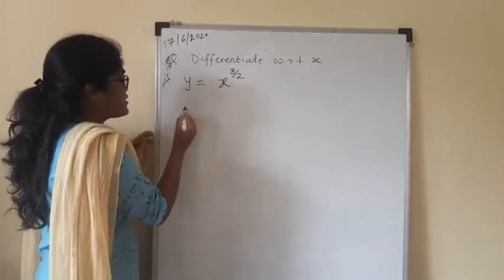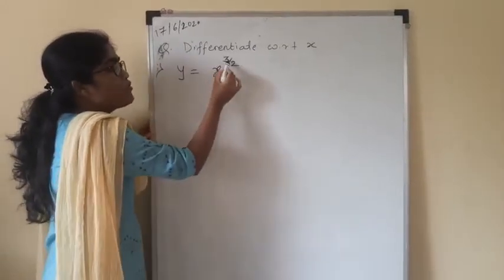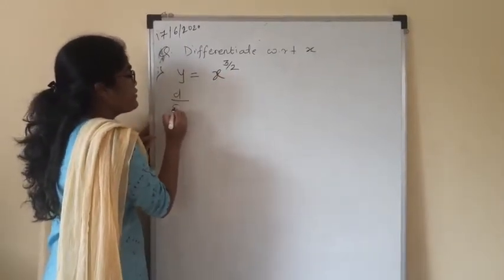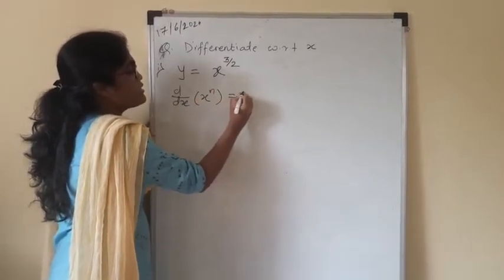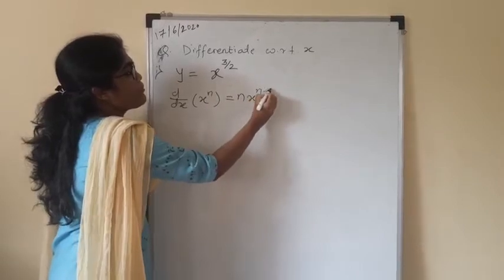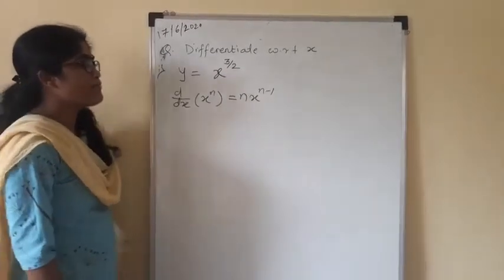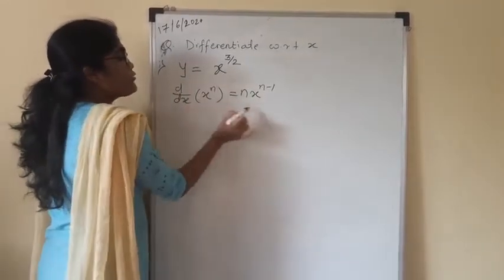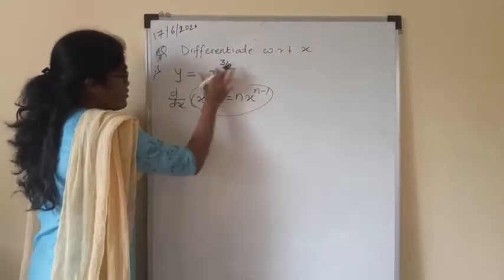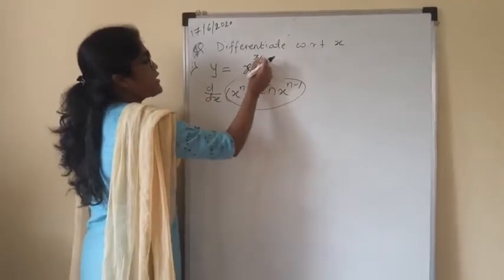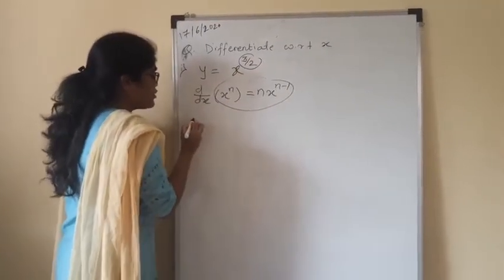Yesterday we have seen this is in the form of x raised to n, and we know that the derivative of x raised to n is n x raised to n minus 1. So we are going to use this result only. Here in this function, n is 3 upon 2.